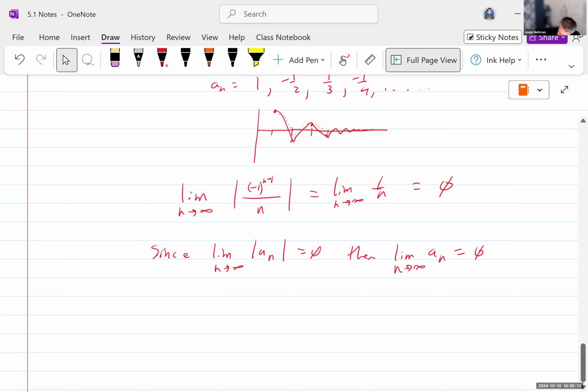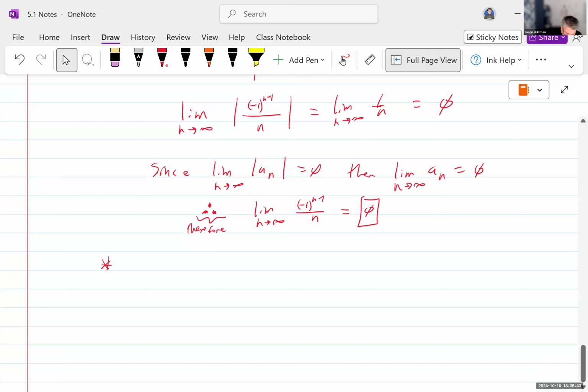Therefore, these three little dots mean therefore. Okay, that's what they're there for. Therefore, the limit as n goes to infinity of (-1)^(n-1) over n is equal to 0. So that limit is 0.